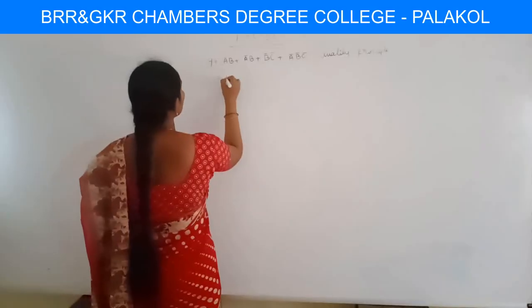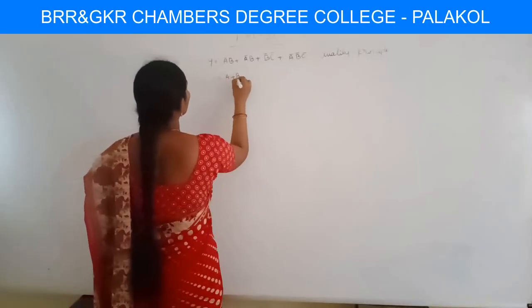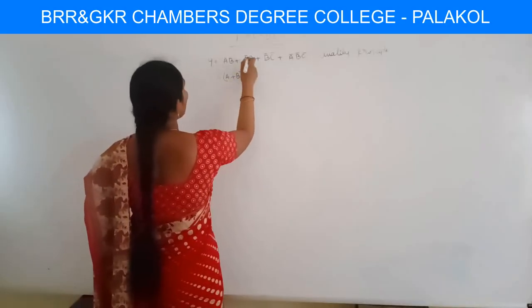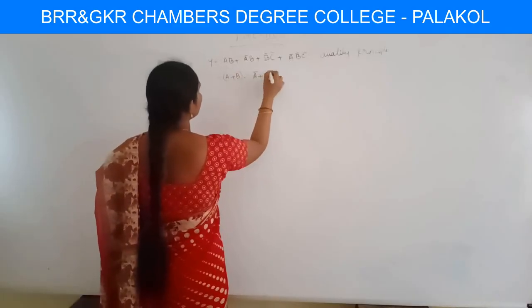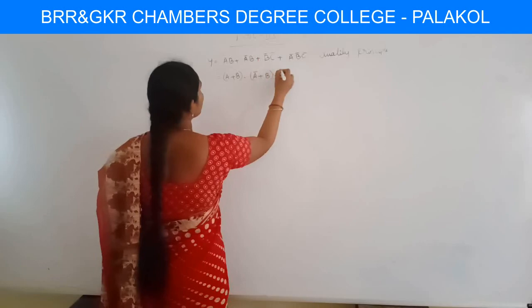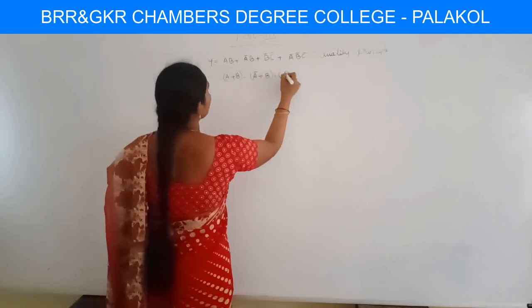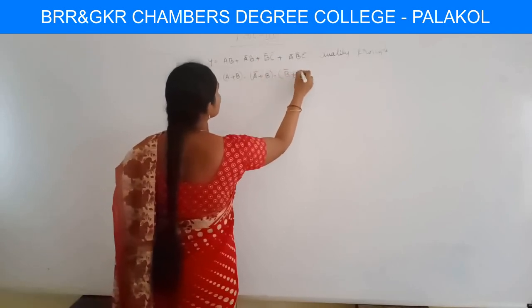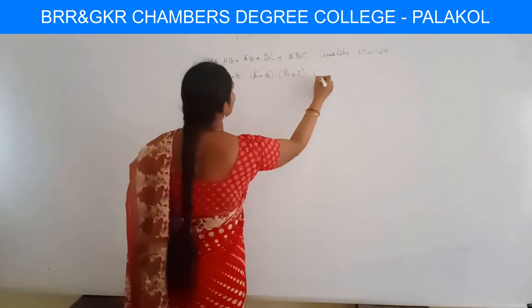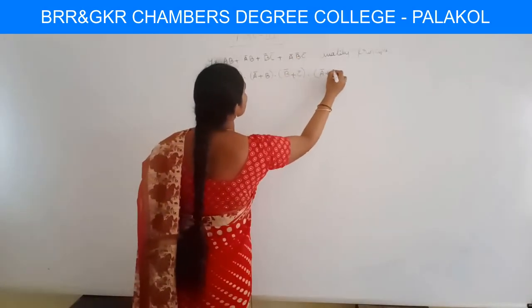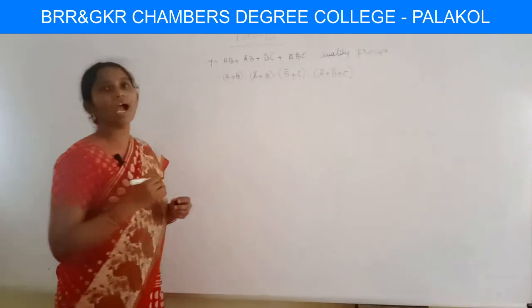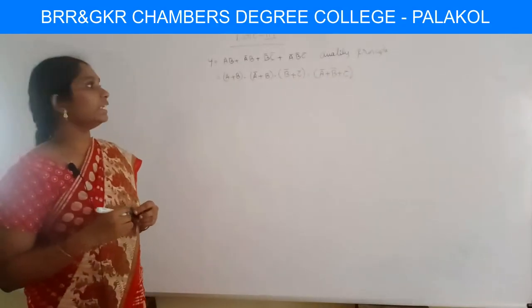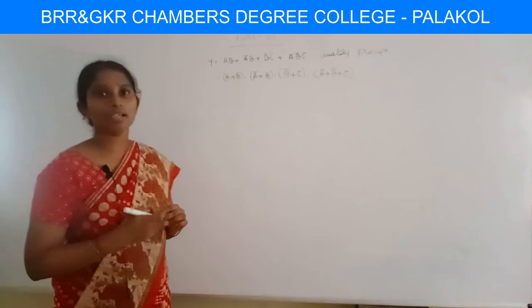So this is (A plus B) dot (A bar plus B) dot (B bar plus C bar). Likewise you have to apply the duality principle. Okay, thank you.